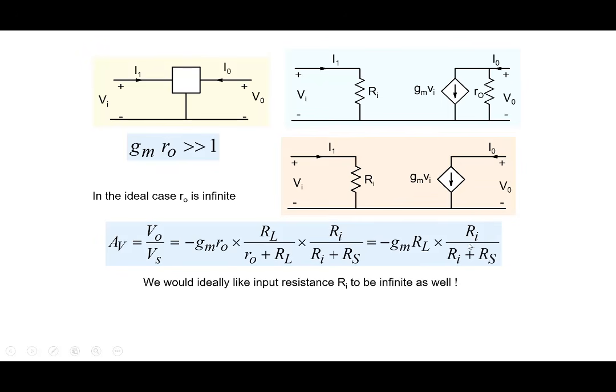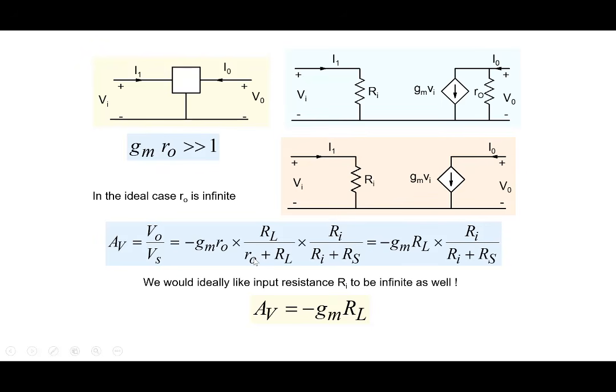If Ri is infinite, then no matter what source resistance I connect in series with it, that would be much smaller, and this factor would be practically equal to 1. So let's put the input resistance Ri also to be infinity. Then our gain AV will simply be equal to minus GM times RL.